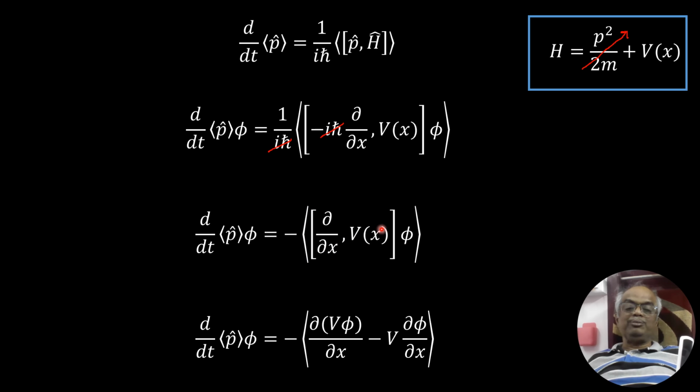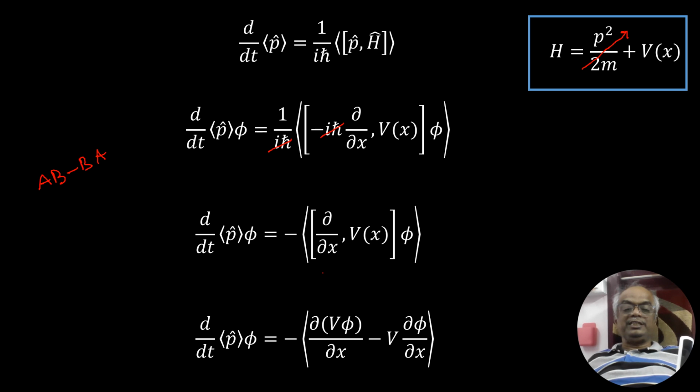Then it becomes the expectation value of ∂V/∂x with ψ outside. So the commutation of A with p is equal to AP minus PA.